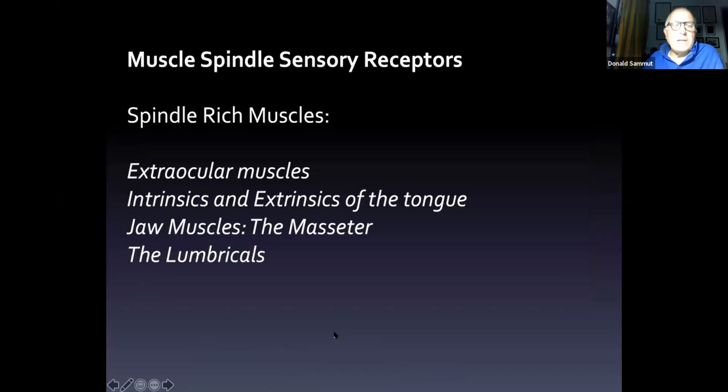Here's one of two or three very few text slides. The spindle-rich muscles in the body are the ones that you'd expect. The extraocular muscles, the muscles of the tongue, the muscles of the jaw, the masseter, and the lumbricals.